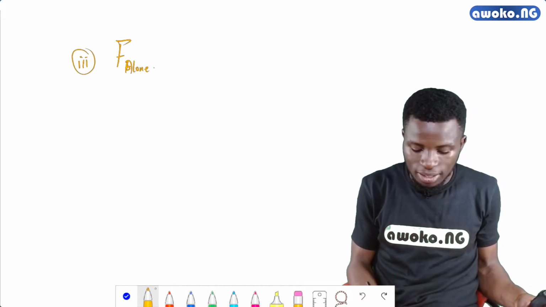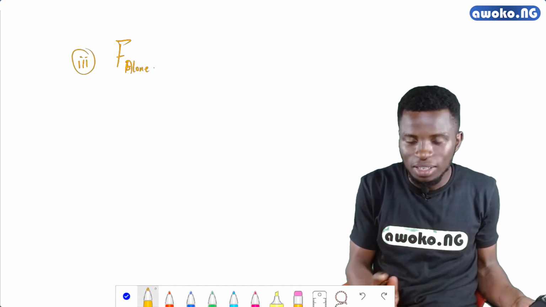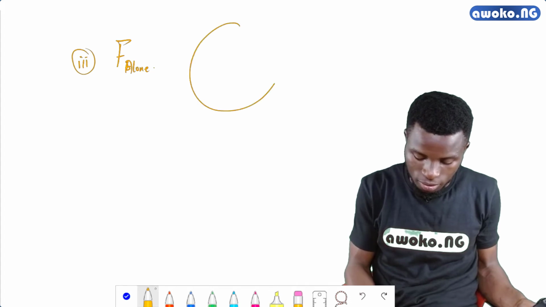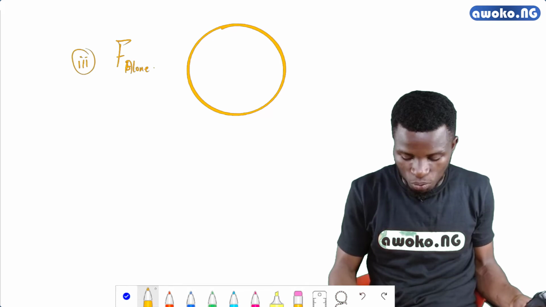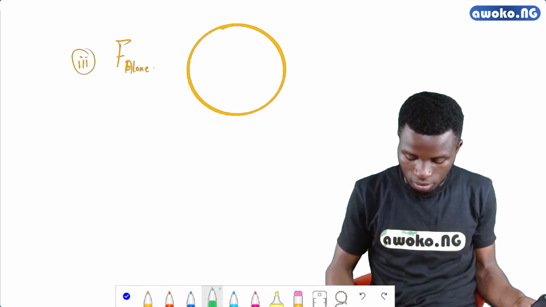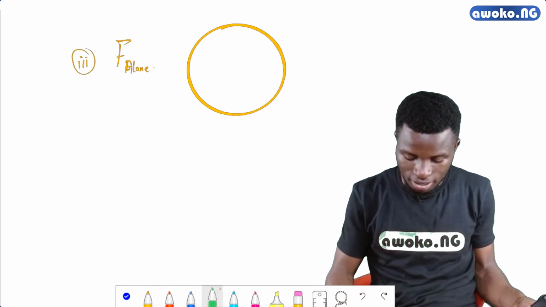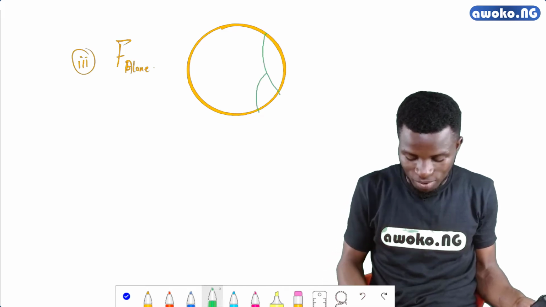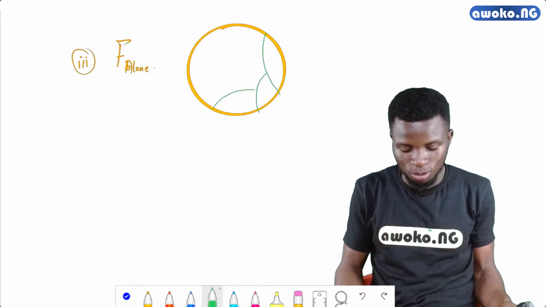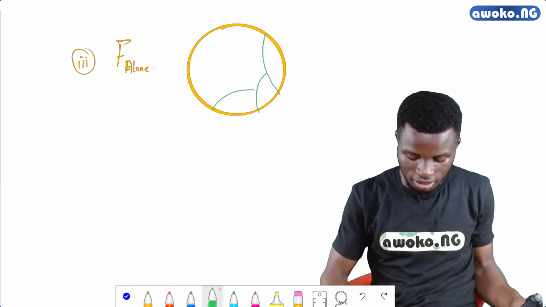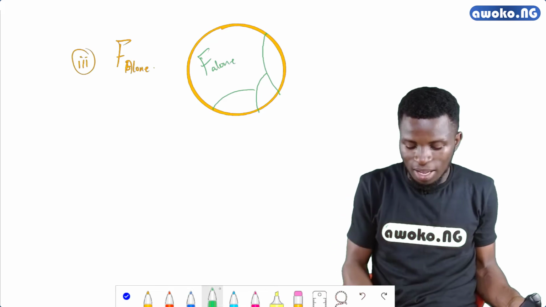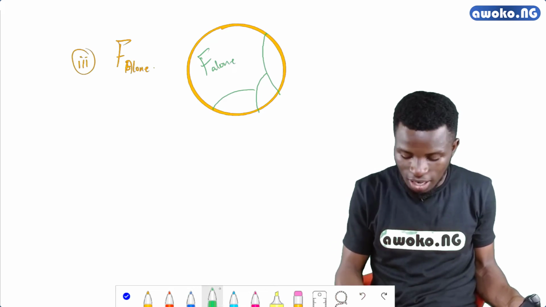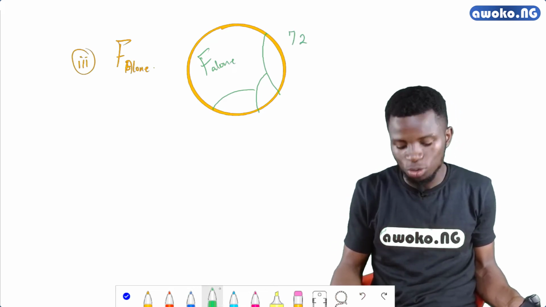Now you realize that the First Bank has this circle, in which we have sections like these, we have these, we have these also. And this place is the First Bank alone. And everything in this circle is actually 72.